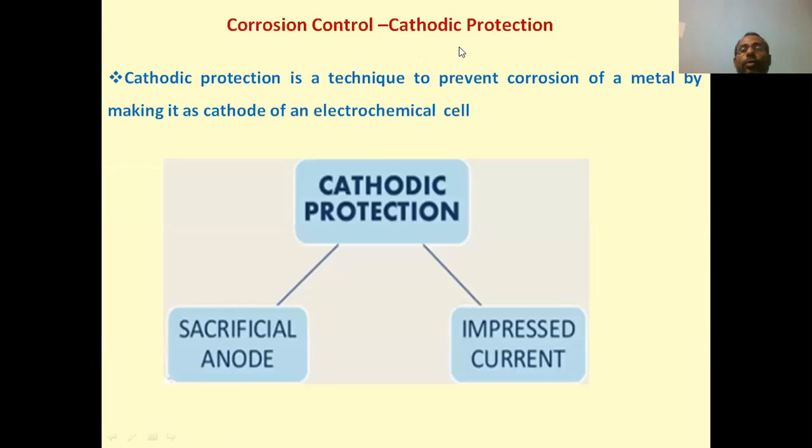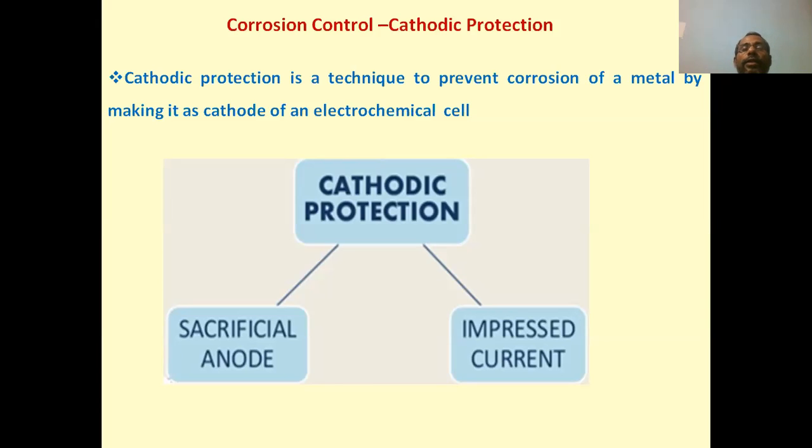Another is corrosion control by cathodic protection. What is cathodic protection? As we have discussed previously, normally in the corrosion process, one part acts as an anode and the other part acts as a cathode. Corrosion takes place at the anode, where the metal undergoes dissolution, while the cathode is protected.